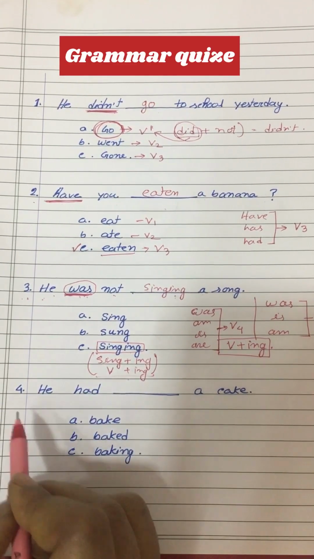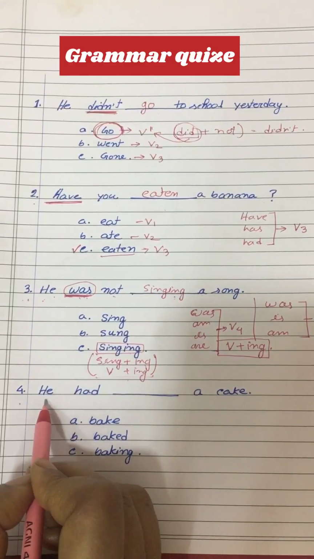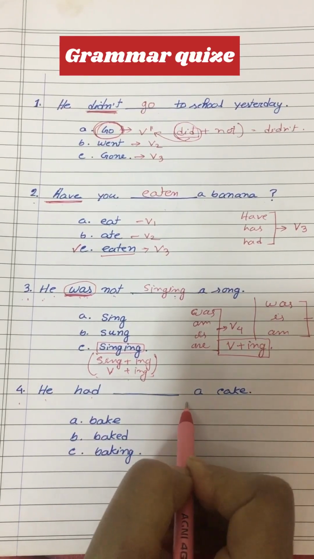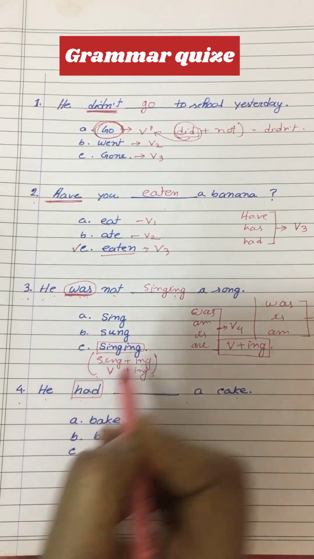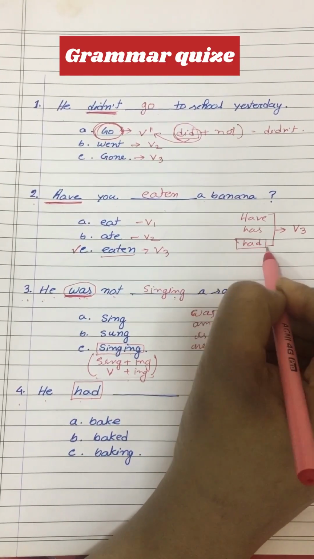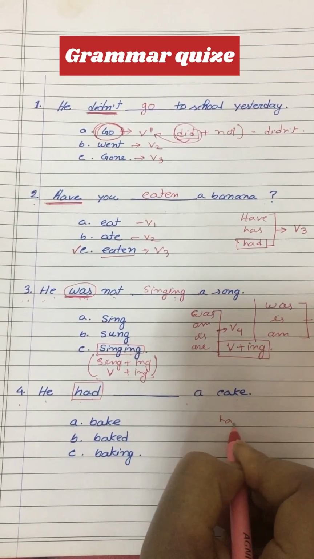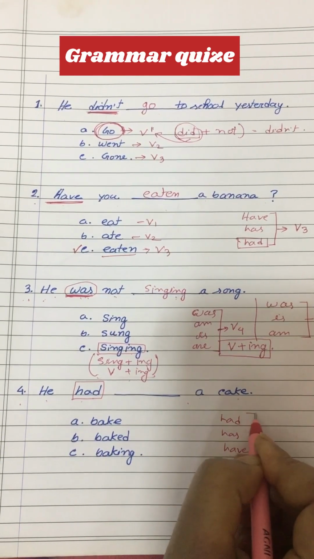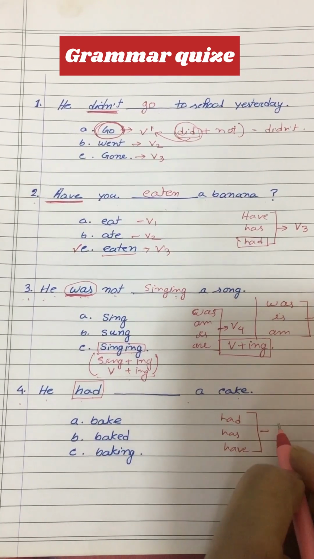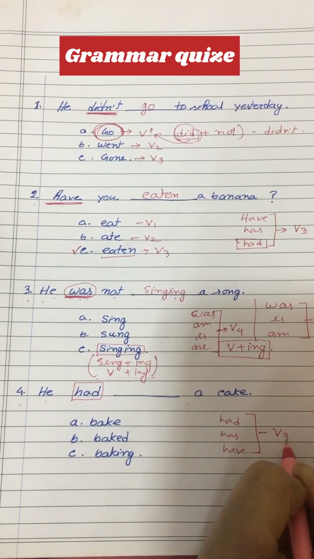Now next, number 4. He had dash a cake. Now look at this, had. We have told earlier that if had, has, have are there, then we have to use V3.